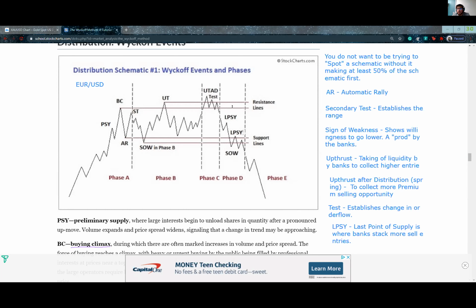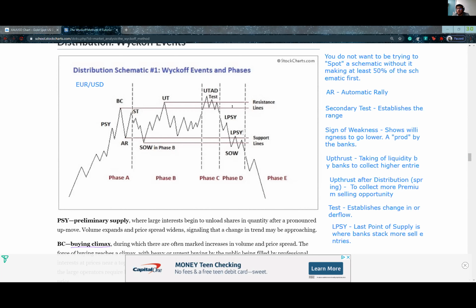Now, there can be multiple LPSY, right? There can be multiple LPSY, just as well as there can be multiple SOWs, or signs of weakness. But your entry should be around the LPSY. Your entry should not be trying to catch the UTAD. It should not be trying to catch anything like that.